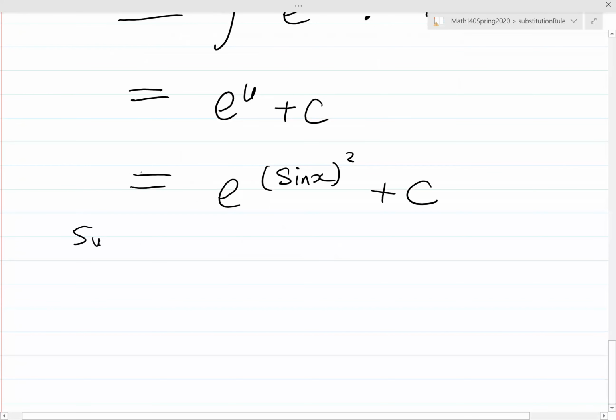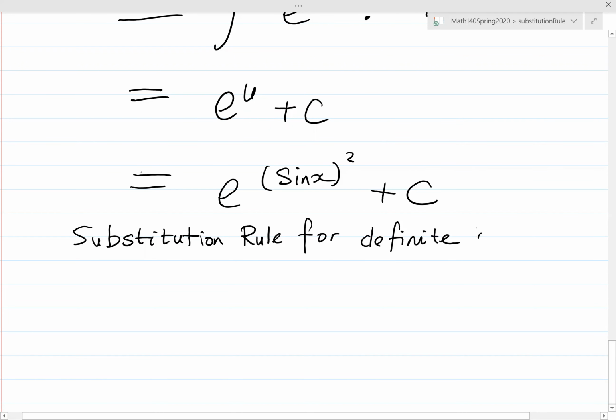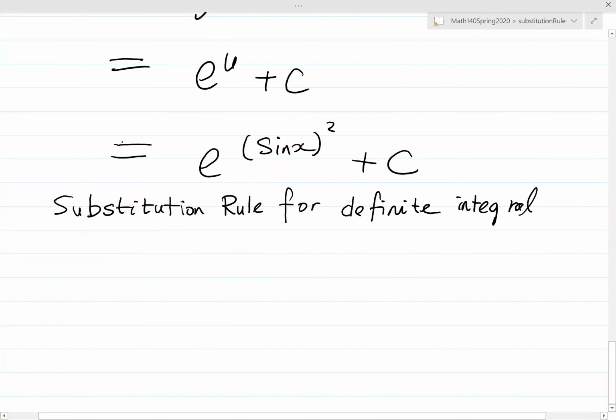We need to consider the upper limit and lower limit, and we need to substitute the upper limit and lower limit.